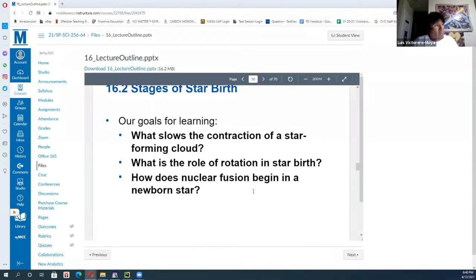In the outer parts of the fragment, the temperature is still sort of low, and the density keeps increasing as it goes towards the center. So that makes sense when you remember the structure of a star, right? The core of a star is the densest part of the star. And then as you go to the outer envelopes, the density starts to decrease. We saw that with the sun, right?